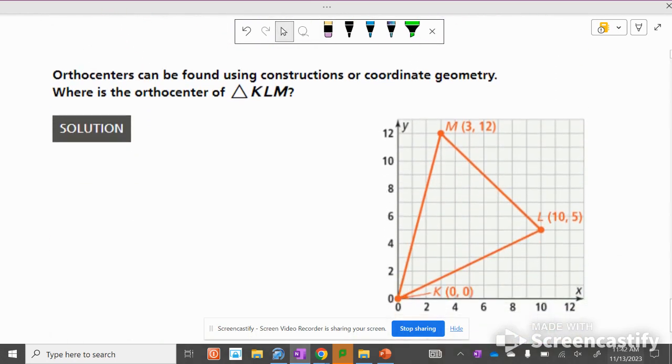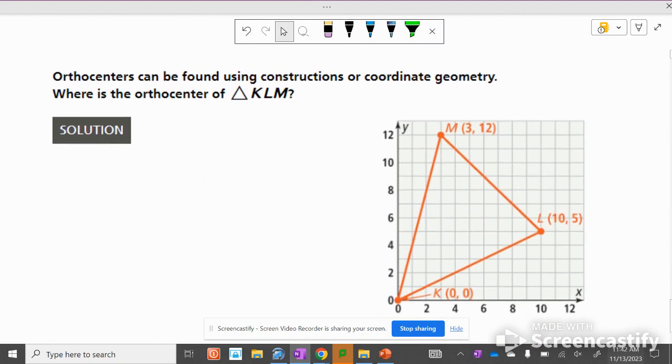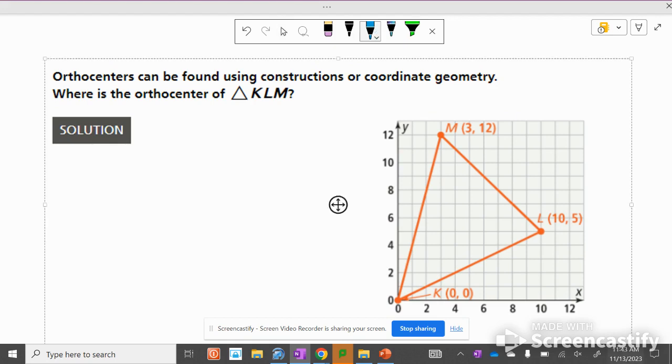Okay, it's inside. So now we're supposed to find the orthocenter. So we have to draw the altitudes. So I have to find a way to go perpendicular to the opposite side. To figure out perpendicular, I got to know slope. What's the slope from K to L? I go to the right 10 and up 5. Slope is rise over run.